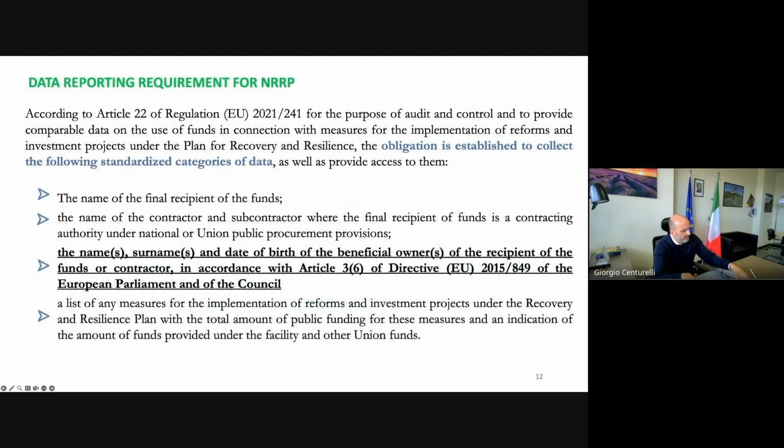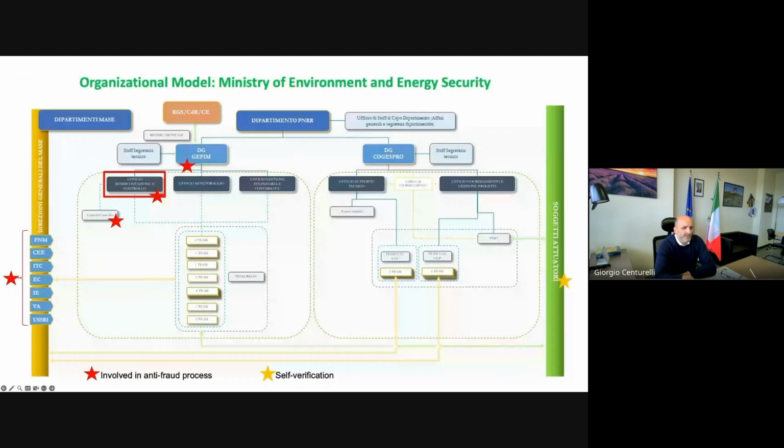I just want to point out an example from one of the public administrations in charge of the intervention. In this case, it is the Ministry of Environment and Energy Security. This is the management control system of the ministry.